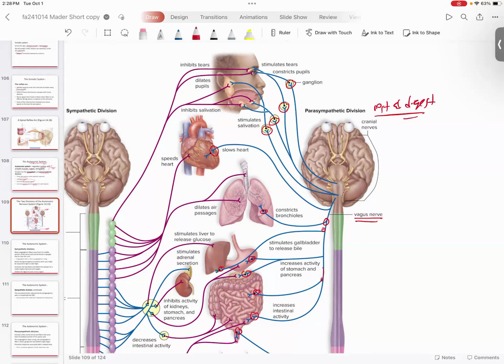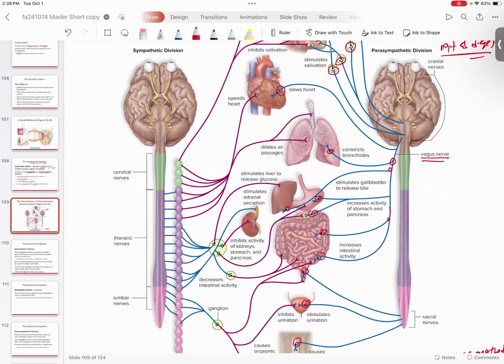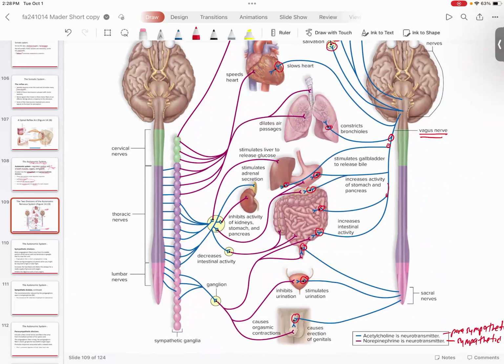On the sympathetic side of things, what you have is a slightly different construction. You have this huge thing here, the big ladder right alongside the spinal cord called the sympathetic chain ganglia, where these are all processing centers that form this ladder-like parallel structure going down the spinal cord.